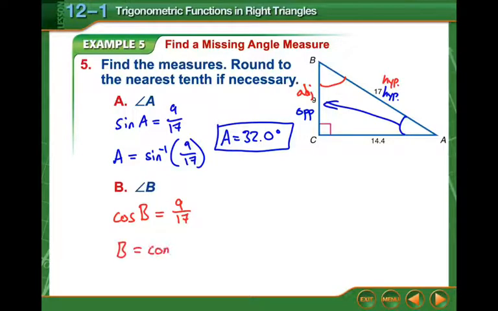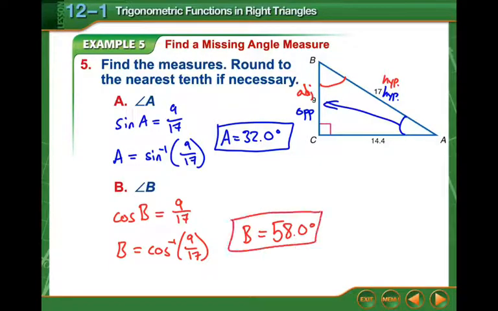So B is equal to the inverse cosine of 9 over 17. And again, making sure our calculator is in the right mode, we do get 58.0 when we round to the nearest tenth. I wish this went to further decimals, because it's not exactly 58.0. It's 58.02 or something like that, or 57.98, something like that. I can't remember exactly what the decimals were. I calculated these a while ago.